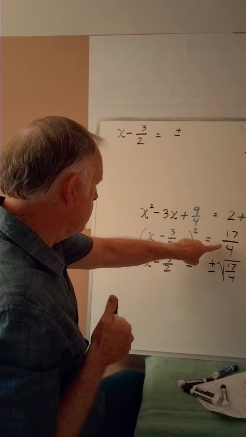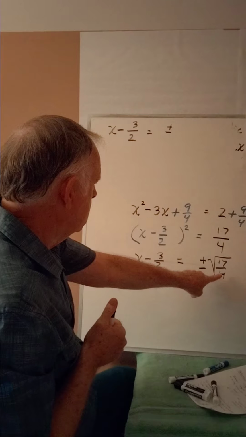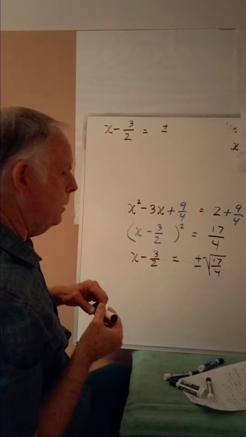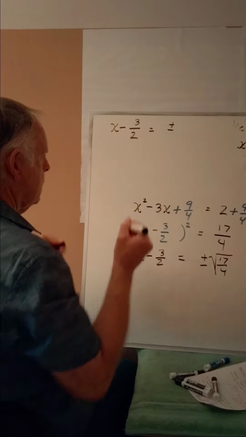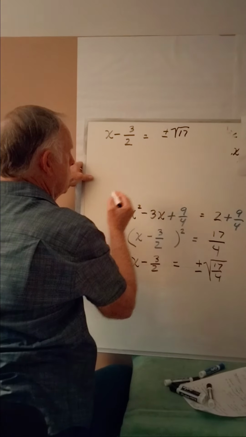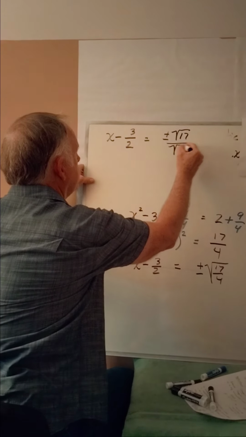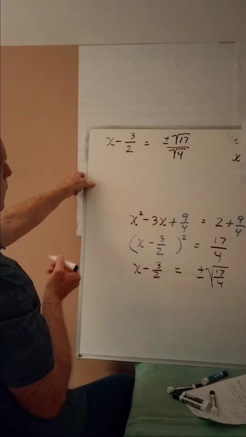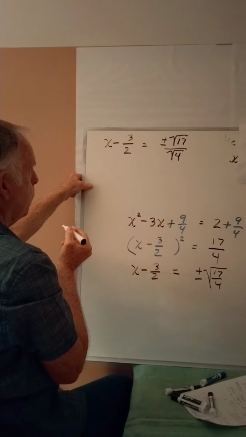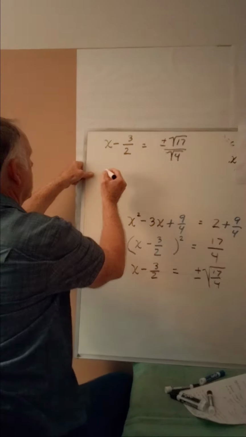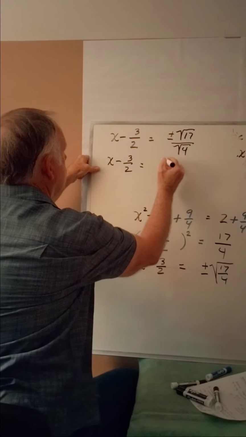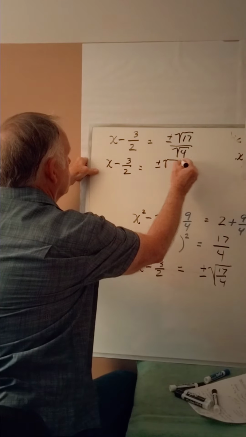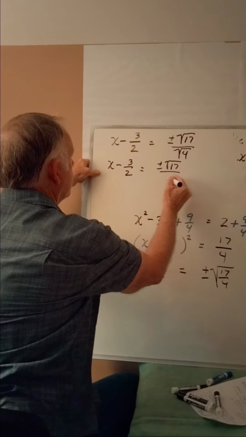We're going to have to split this one up. We can't have a fraction underneath. 17 is not a perfect square, so we're going to have to split it up. And we'll have plus or minus the root 17 over the root 4. I could have just made that 2 right away, but I want to be complete here. Now x minus 3 over 2 is equal to plus or minus root 17 over 2.